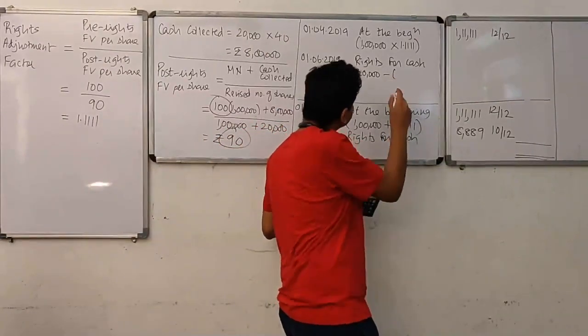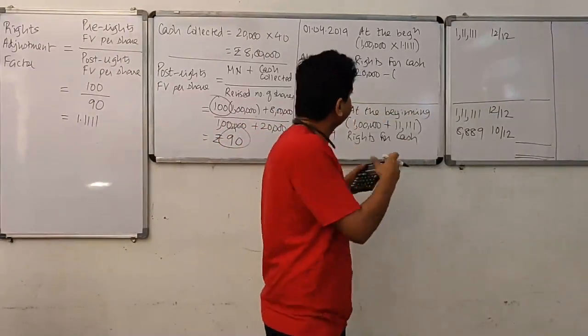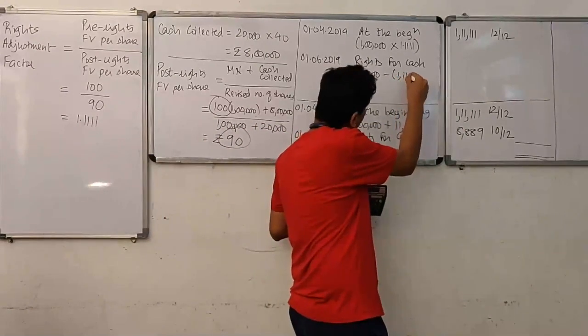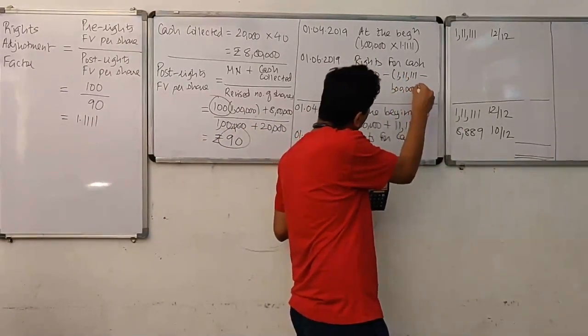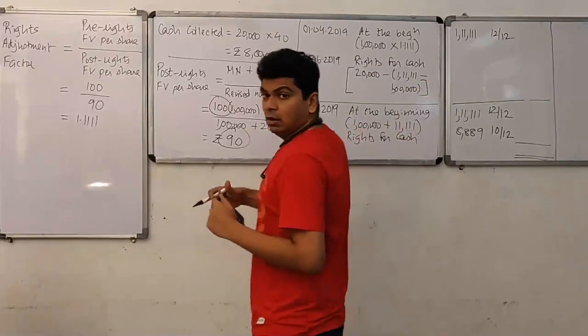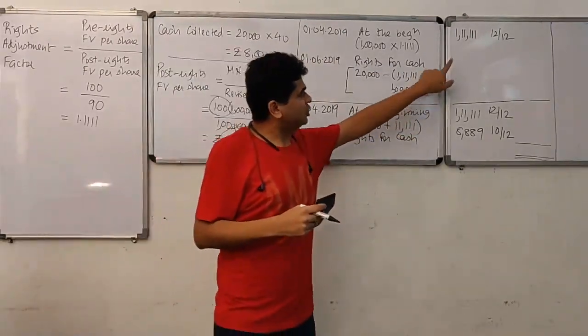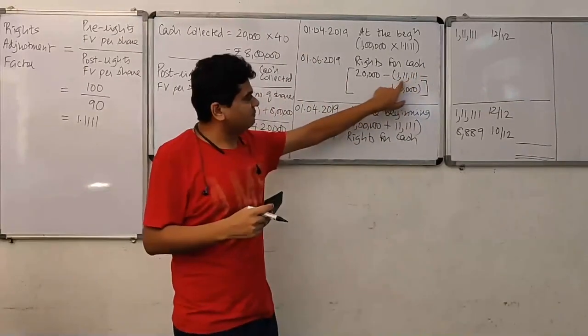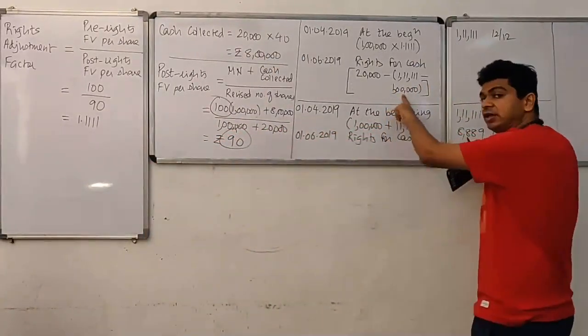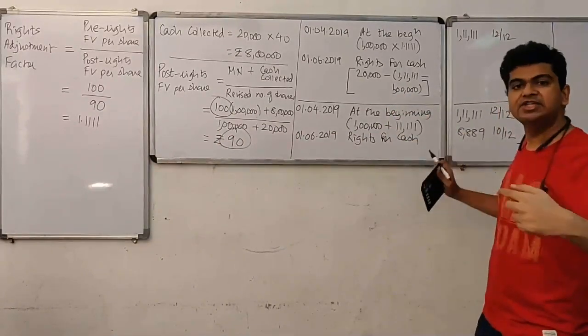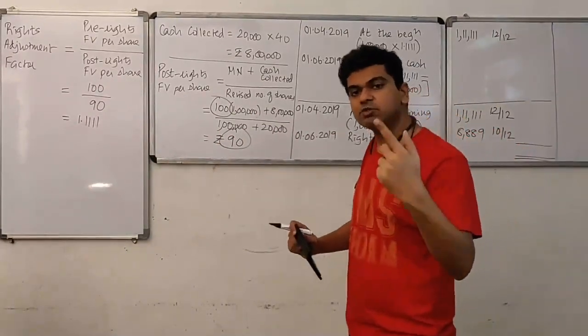From this minus, you will have to take this figure, 1,11,111, and this I will further deduct 1 lakh over here. What I am doing is I am taking the shares after the rights adjustment factor, and from that I am deducting how many shares were there before the adjustment for the rights, which we know is 1 lakh.